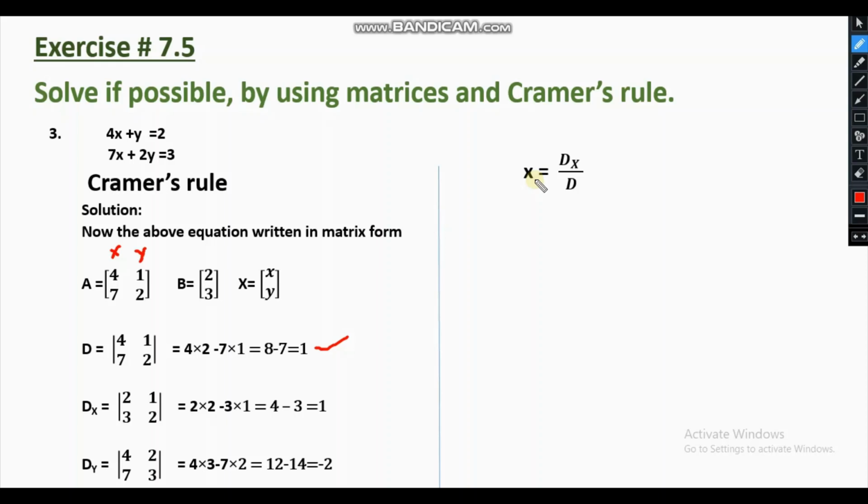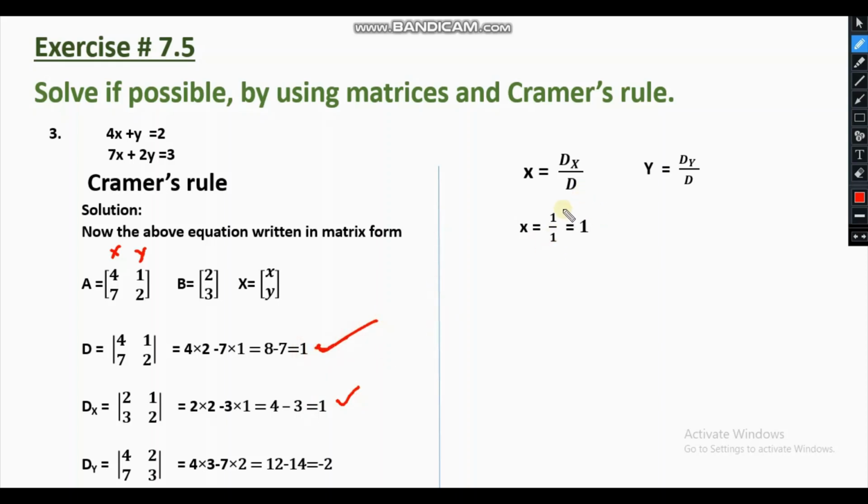Now x means determinant of x divided by d. So the value of the determinant of x is 1, and y is determinant of y divided by d. Now x is equal to 1 divided by 1, because the determinant of x is 1 and d is also 1.